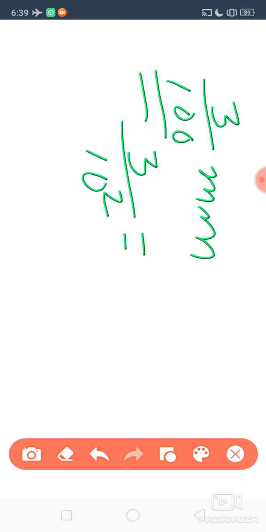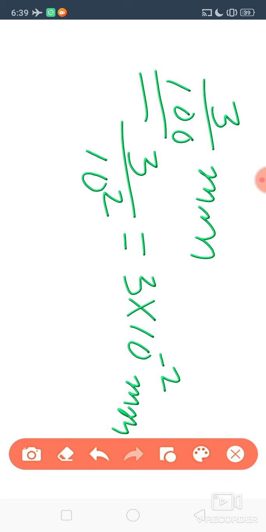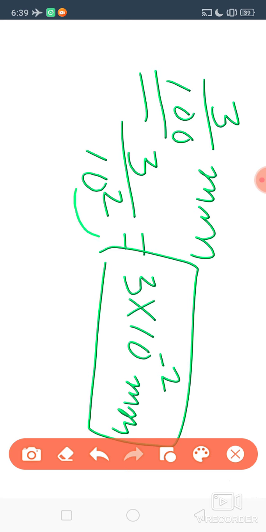So in standard form, what can we write? 3 into 10 to the power minus 2 millimeter. Okay, so this is your standard form. This 10 to the power 2 we have brought into the numerator. So from plus exponent 2, it has become minus 2 exponent.